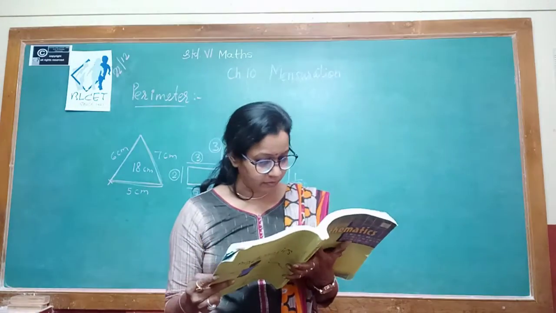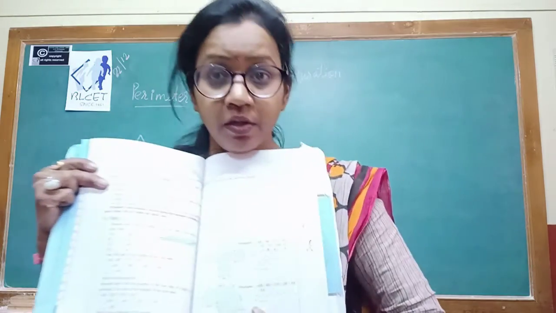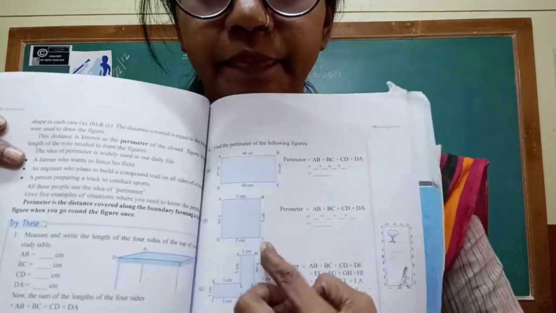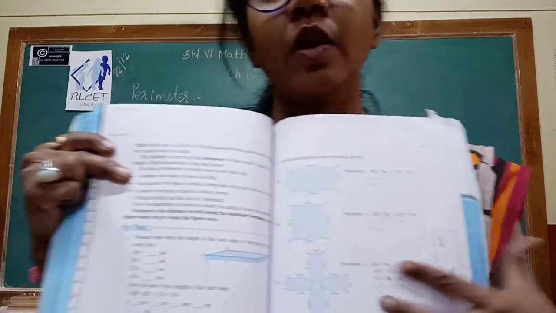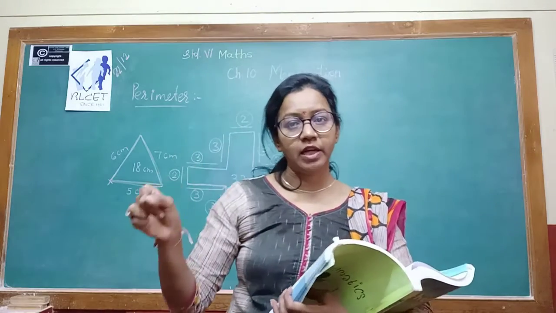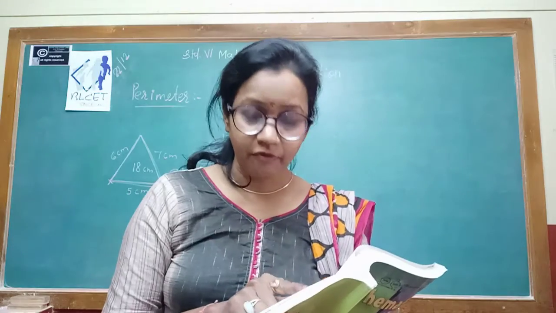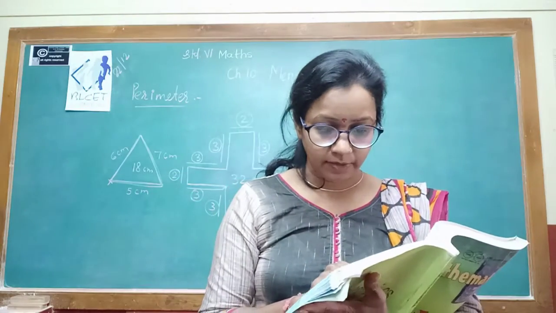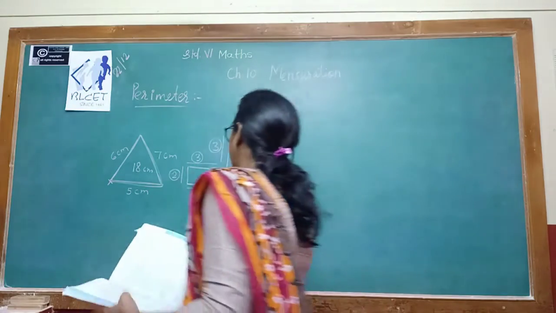Find the perimeter of the following figures. The figures are already given, and for each figure the measurement is given. You just have to put in those values and do the addition. For example, the first one is given 10 cm, 40 cm, 10 cm, 40 cm.